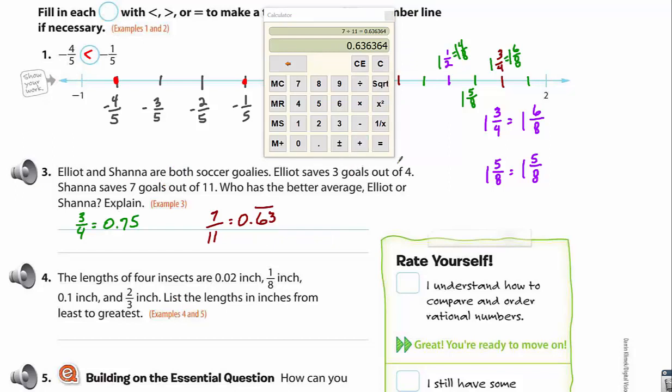Elliot was 3 out of 4. That's 0.75. Shauna was 0.633. Elliot had the better save percentage.